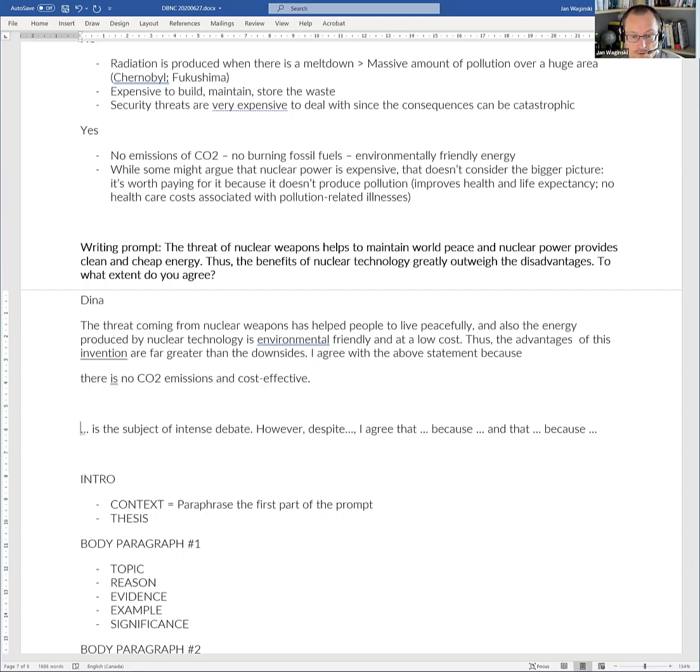Let's fill in the blanks for this kind of format.